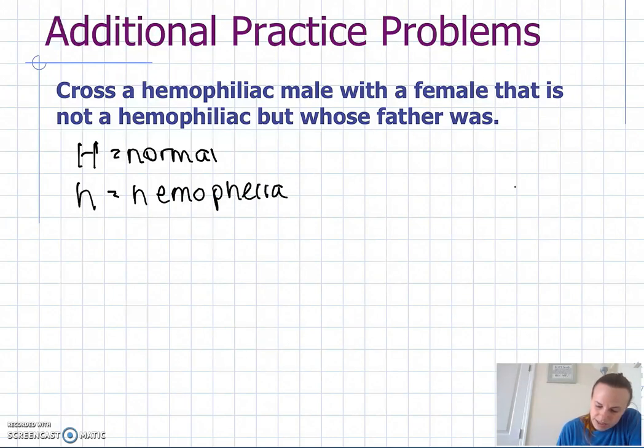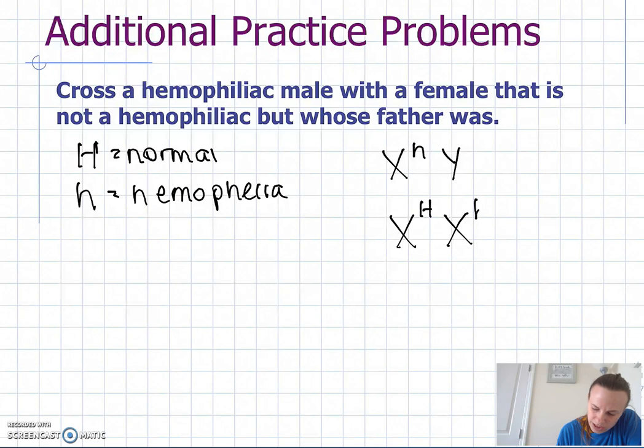And if I cross a hemophiliac male with a female that's not a hemophiliac, but whose father was, well, that means that she would have to be a carrier. So let's do this cross, right?